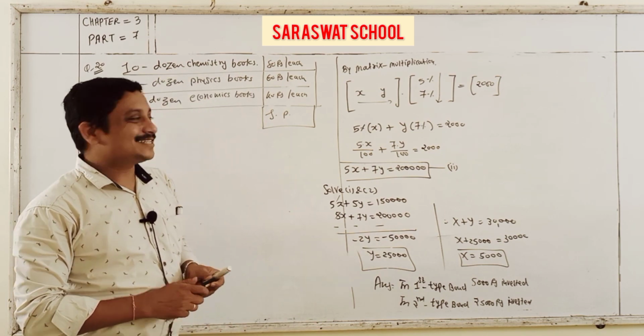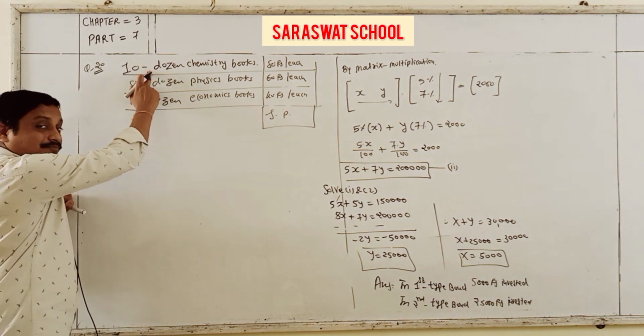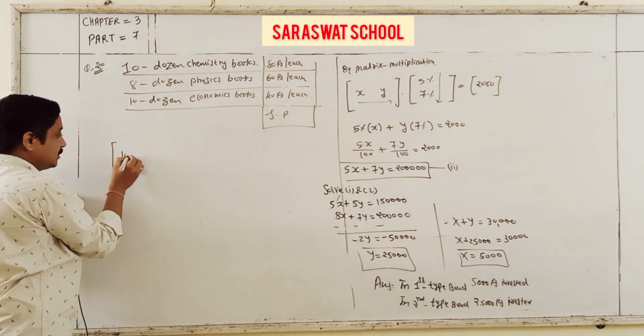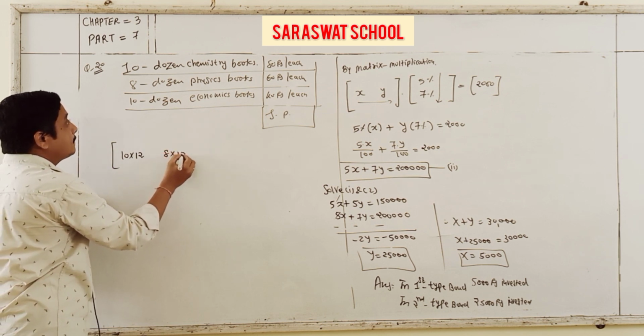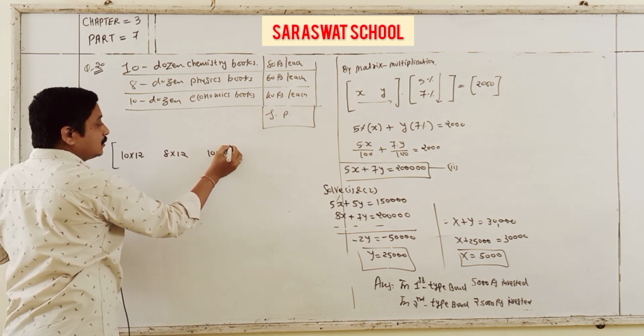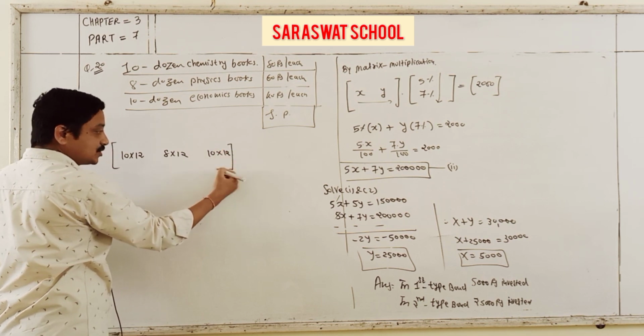Simple way, I just write down 10 dozen. It means 10 into 12, 8 into 12 and 10 into 12. These are dozen books.